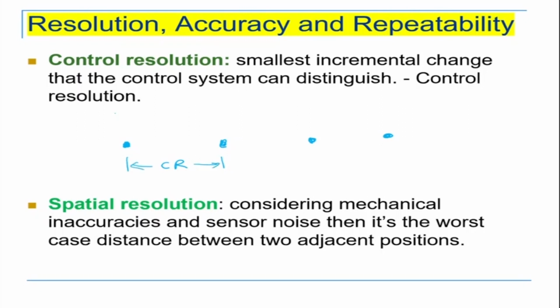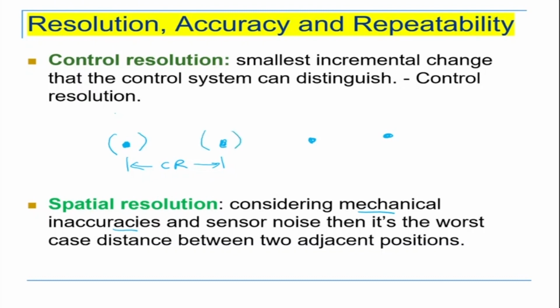Now, on top of this control resolution, it also has mechanical inaccuracies and sensor noise. So the worst case distance between two adjacent points. If you want to go to this point, although the control resolution can take it there, because of the mechanical inaccuracies sitting on top of that, it will not go to this point, but somewhere near this point.